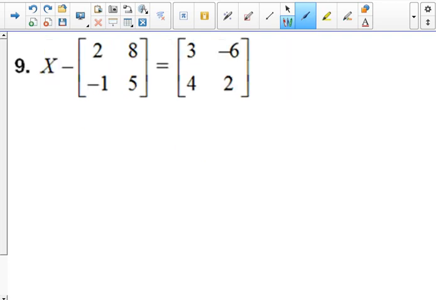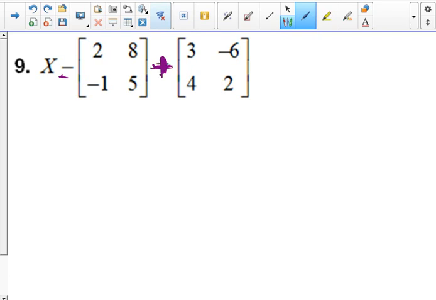All right, and number 9. So here we're going to add this matrix to each side. So you end up with x equals this. Yeah, you're adding, so it's going to be plus. Okay, equals this plus this.